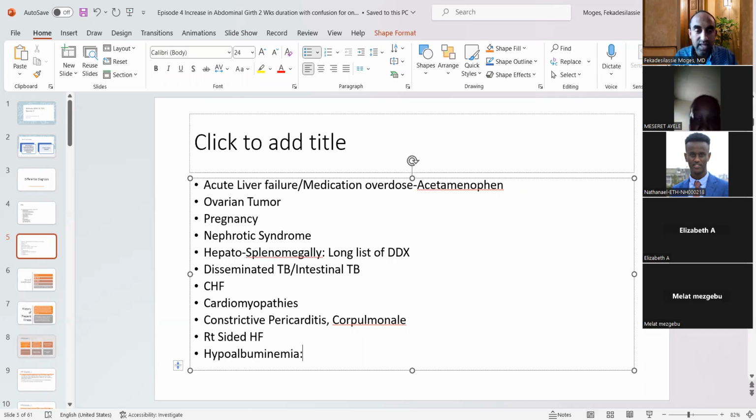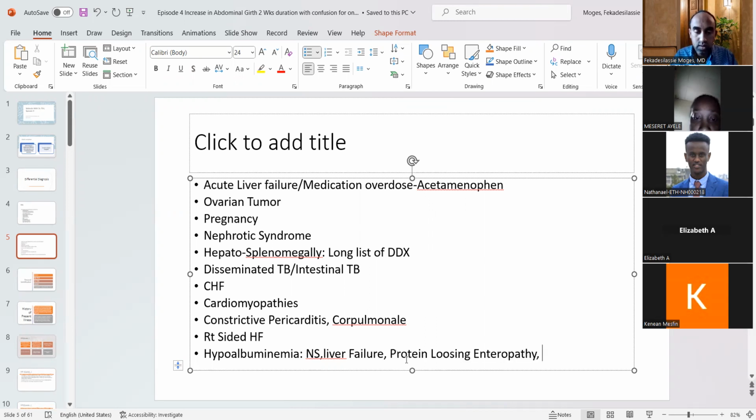Hypoalbuminemia could be due to what? Due to nephrotic syndrome, due to liver failure, or it could be also due to what? Protein-losing enteropathy. Yes, protein-losing enteropathy, or it could be due to malnutrition, right?